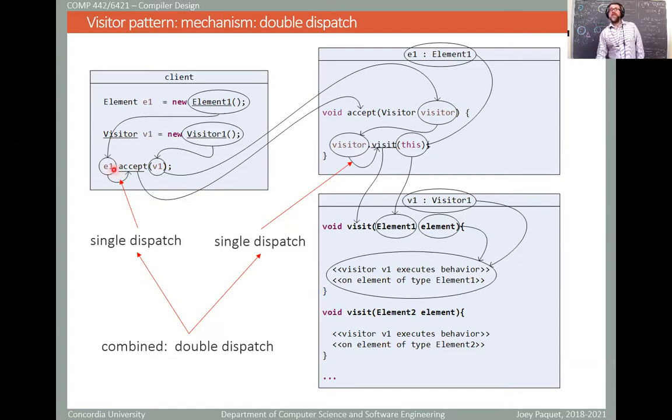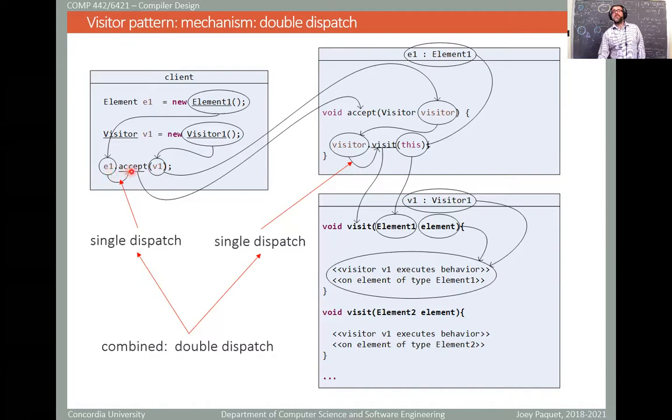Okay. So let's concentrate on this line of code here. Say you have E1.accept(V1). Now, if you have single dispatch, the dispatch is going to be done according to the type of E1.